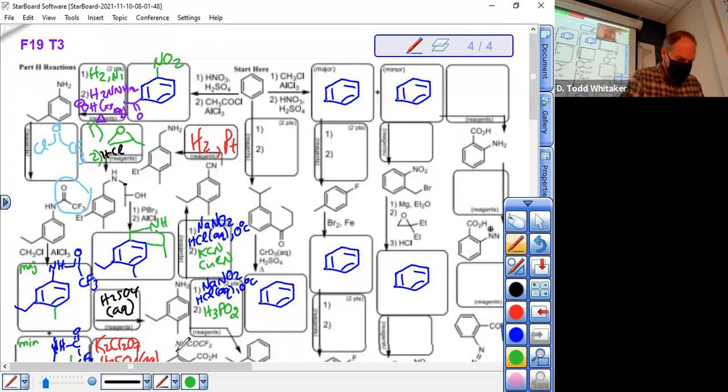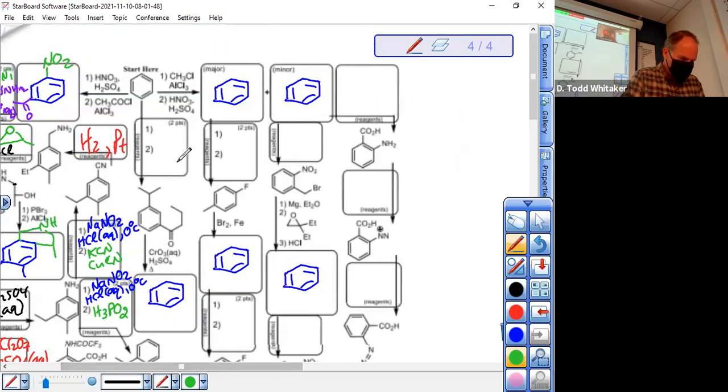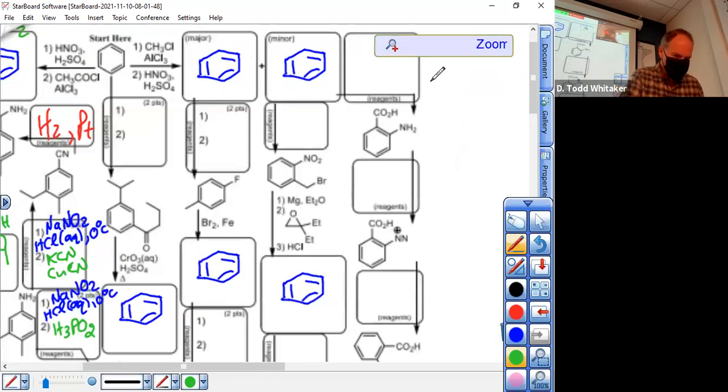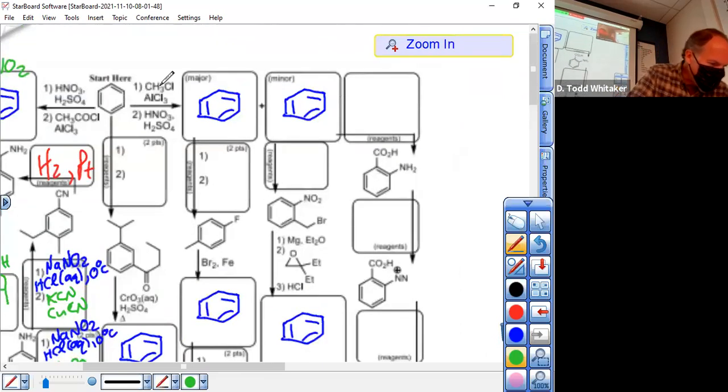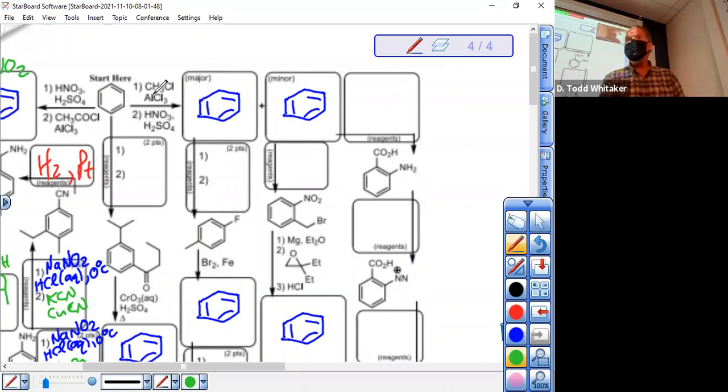Want to do the top part first? Start here. Put a methyl on first and then nitrate. And a methyl is an ortho para director. So if you put the methyl here, major is nitro para.